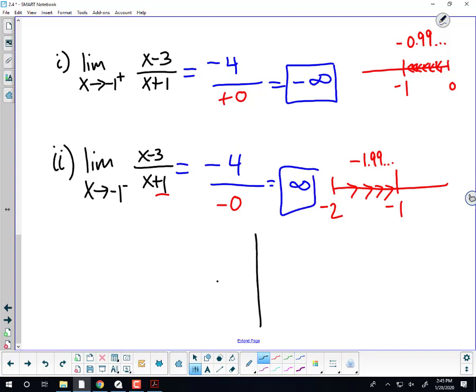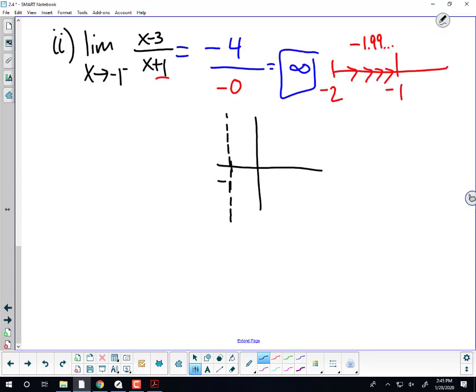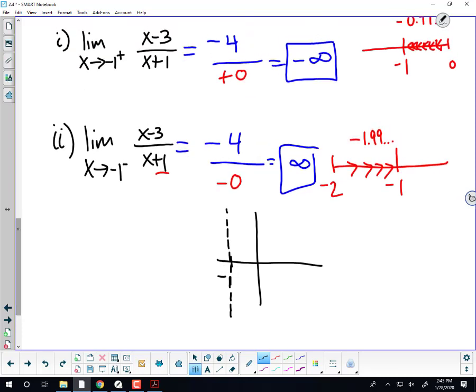So again, just a quick sketch of this. We've got a vertical asymptote at -1 because our limits are infinity. So -1 here. Vertical asymptote. As we approach -1 from the right, we have negative infinity, so down here.